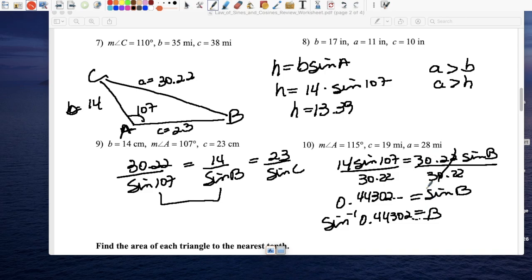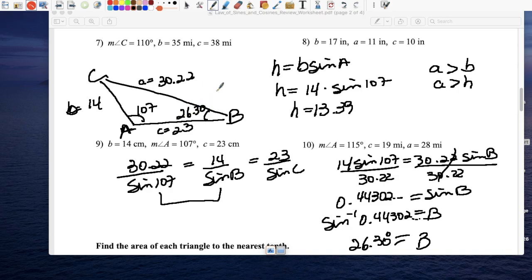Enter, and angle B is 26.30 degrees. What are we doing? Number 9? Yep. Angle B is 26.30 degrees.